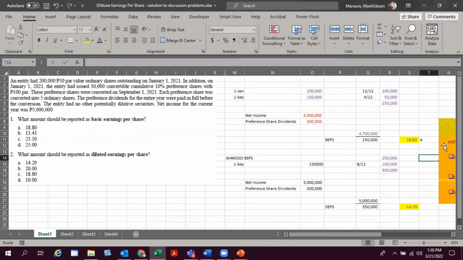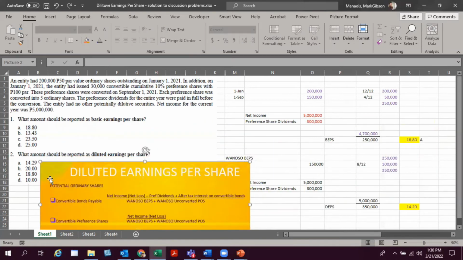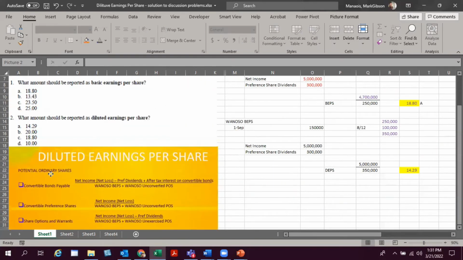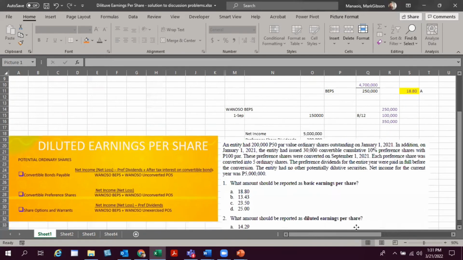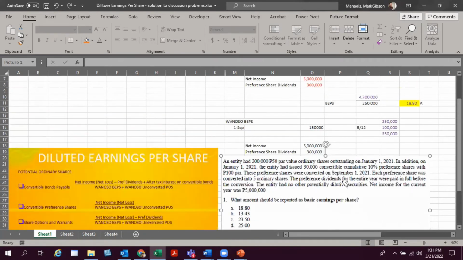Pag-usapan ngayon natin yung diluted earnings per share. Lagay ko to dito para may guide tayo on how to calculate for it. So it's convertible preference shares.